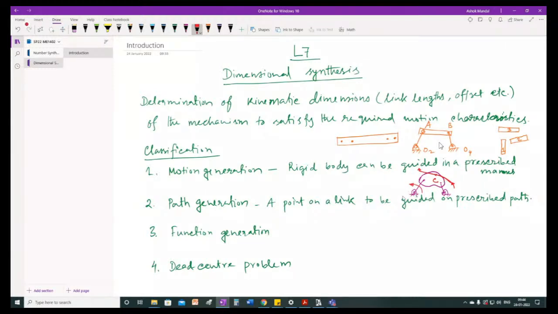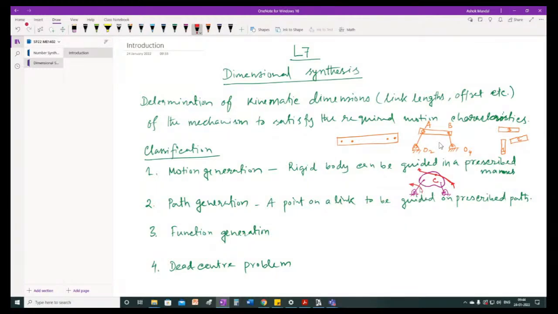Design the mechanism means, what is in your hand, you can define what should be the length of the coupler, what should be the length of this crank and follower. Okay, all these things you can decide, and you can also decide where should be these grounded hinge points, right? So what you are finding out here, if you can find out these 4 points, then the problem is solved.